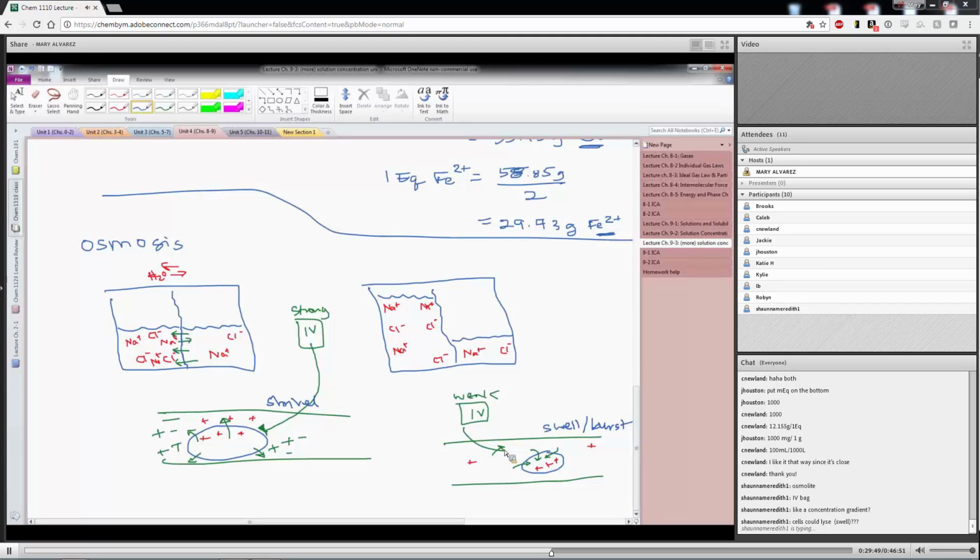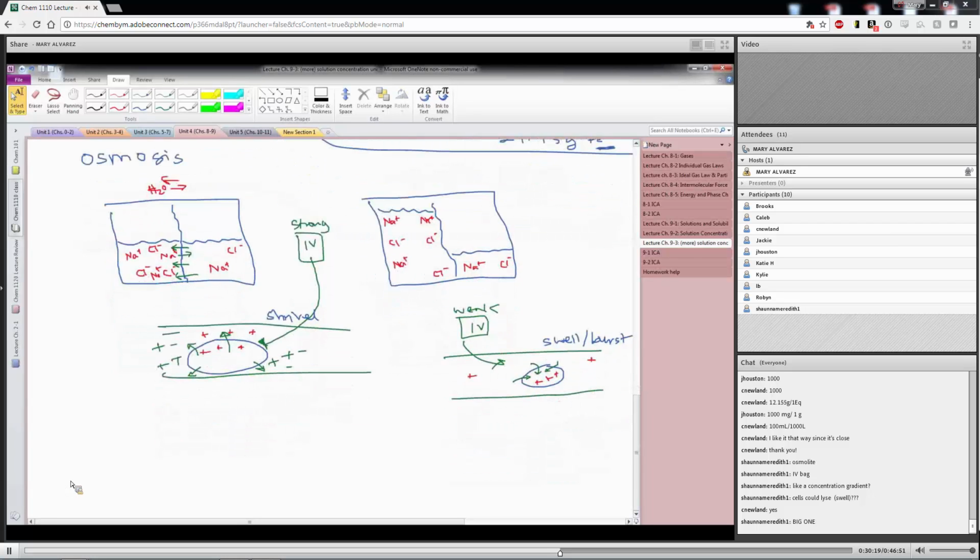I hope everybody in this class could understand that that would be a problem. A big problem, right? That patient could die if you didn't catch it fast enough, okay? Big problem. All right, so even just something as simple as selecting a solution to administer by IV could be deadly if you chose the wrong concentration of solution, okay?